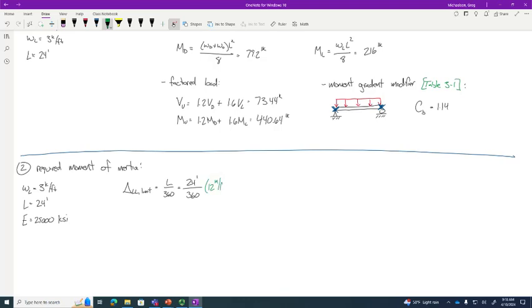Exactly. Okay, so 24 times 12 over 360. I can go ahead and give you that one. That one's 0.8 inches. So the next thing that we do is we compare that against the maximum actual deflection on the beam.